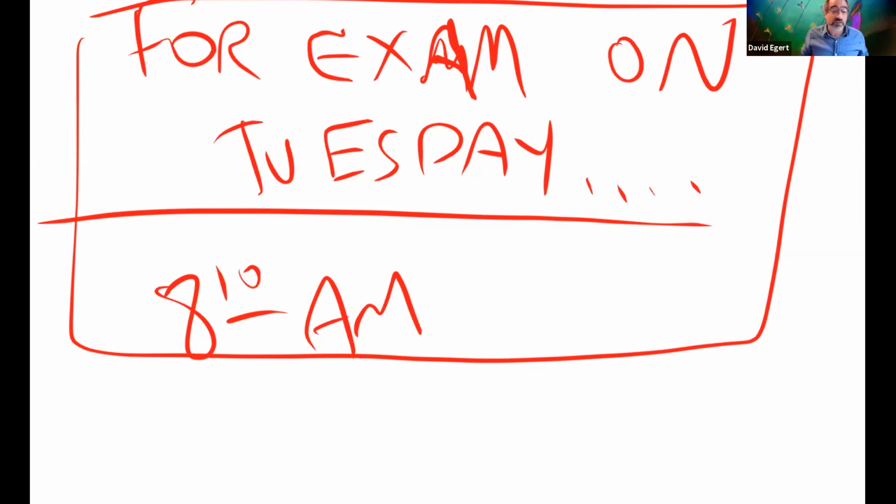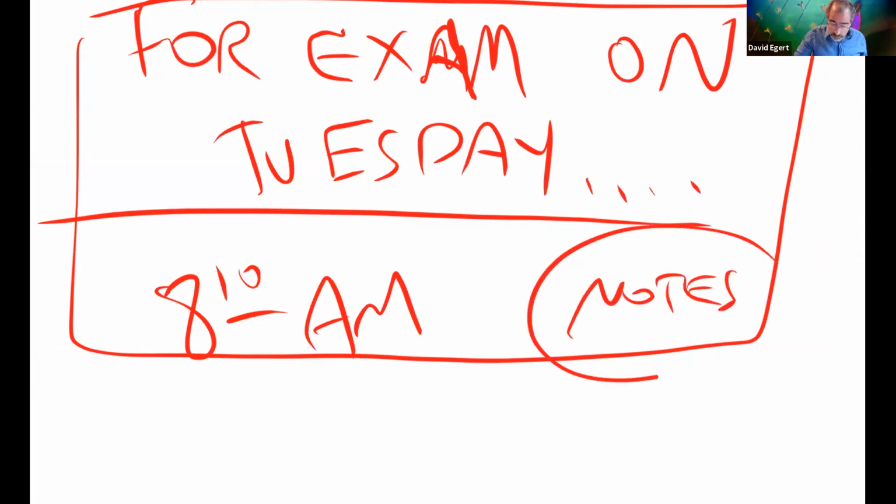I'm happy to respond and help clarify things. Remember, there is that study guide. It's Appendix A of your lab manual. It's also linked on the home page. That's a really useful resource to see what you're actually responsible for. Your notes are also an important place to see what you're responsible for.